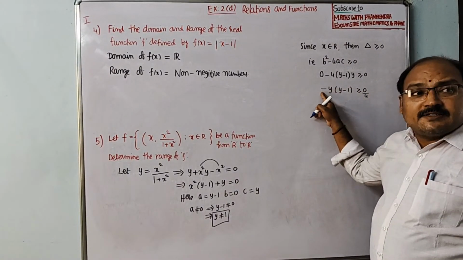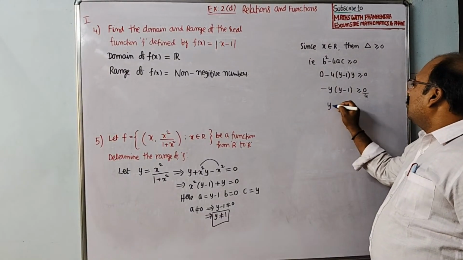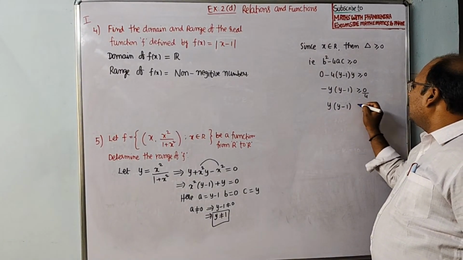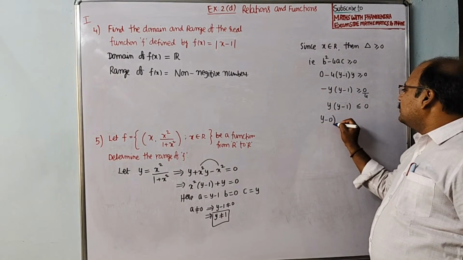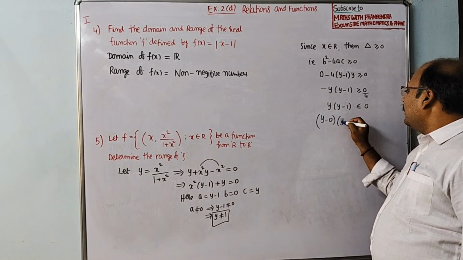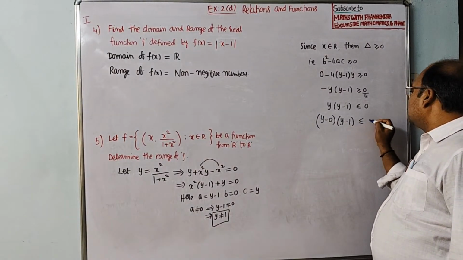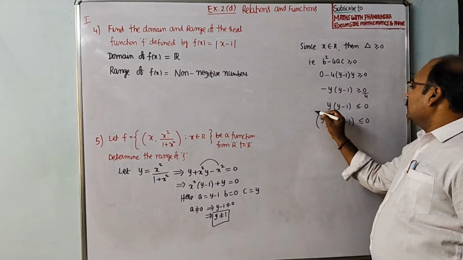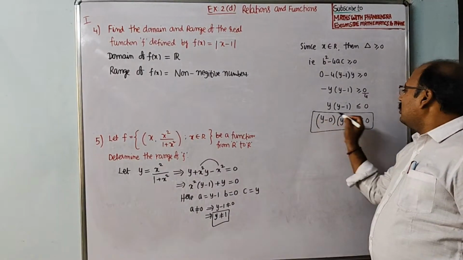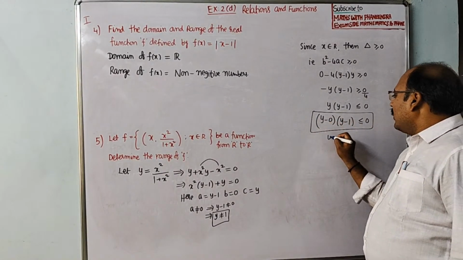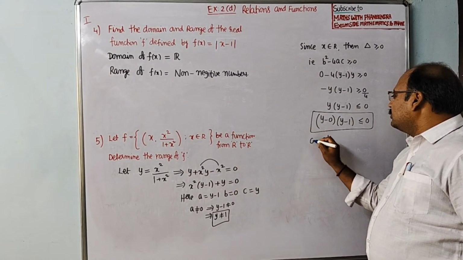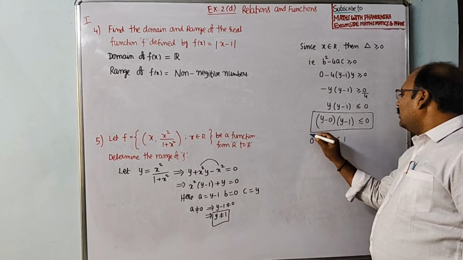If we remove the minus here, the inequality will change: y into y minus 1 is less than or equal to 0. So y minus 0 into y minus 1 less than or equal to 0. Whenever it is less than or equal to 0, y lies between 0 and 1.